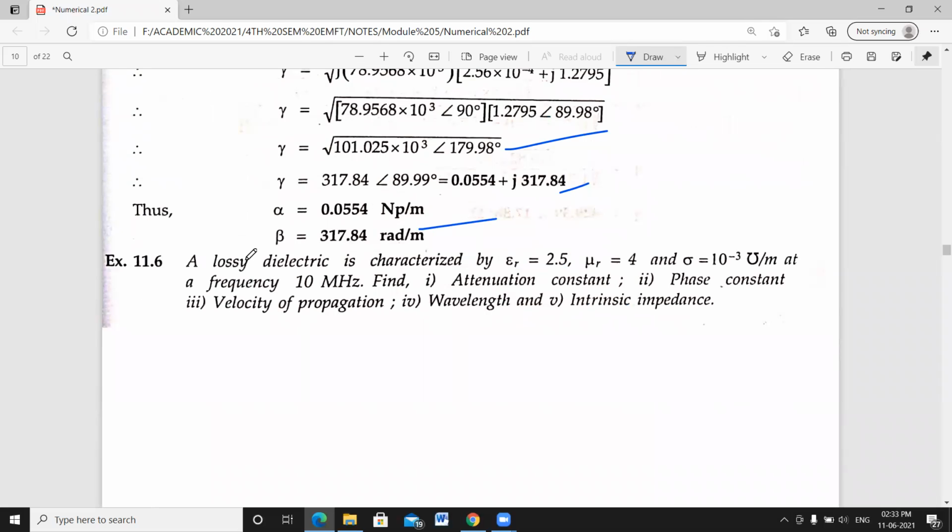And one more problem. Here a lossy dielectric is characterized by epsilon r equal to 2.5, mu r equal to 4, and conductivity given as 10 to the minus 3 mho per meter at frequency 10 megahertz. What are the things we have to find out? Attenuation constant, phase constant, velocity of propagation, wavelength, and also the intrinsic impedance.